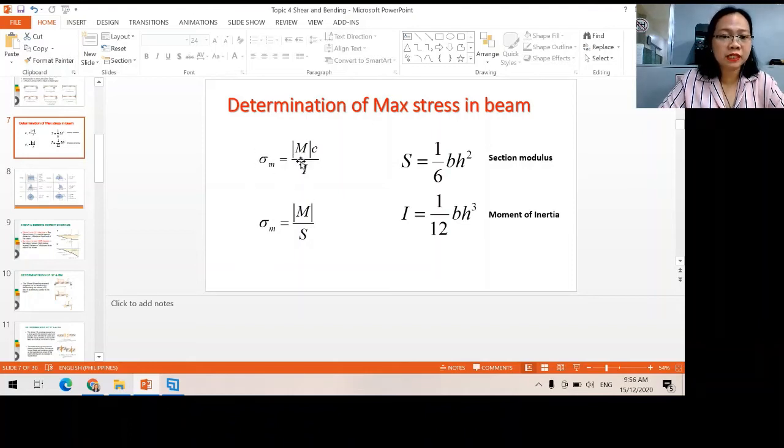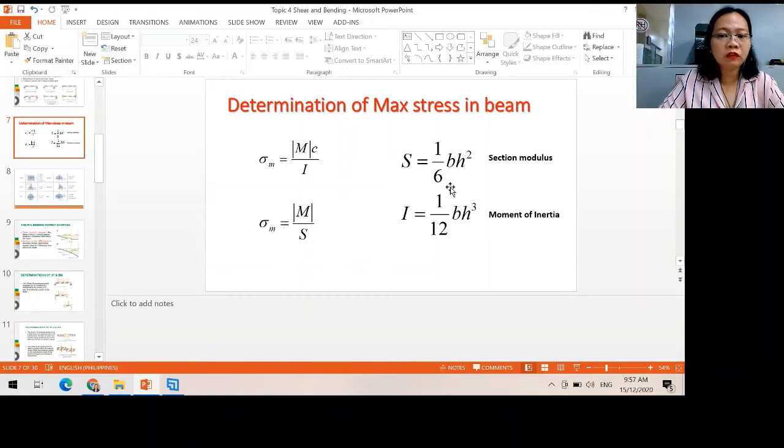Maximum stress is equal to Mc over I, where M is your moment and I is your moment of inertia. But in shear and moment problems, sometimes the section modulus is given. So the maximum stress is equal to moment over the section modulus.